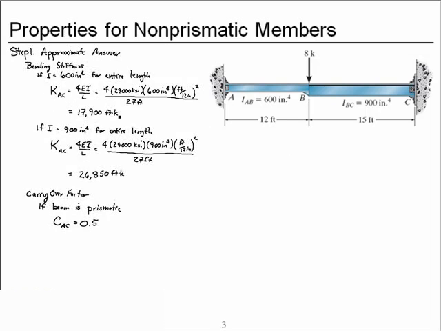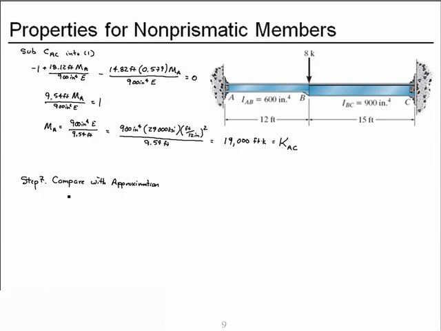We said that the bending stiffness would have to be between 17,900 and 26,850 foot kips. And as we look at the value we calculated, it is in between those, so that checks.